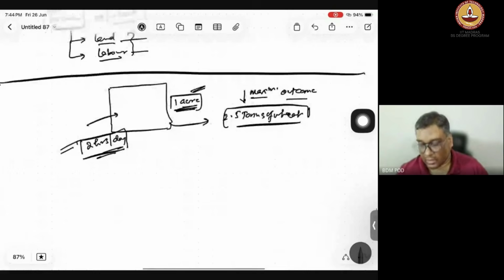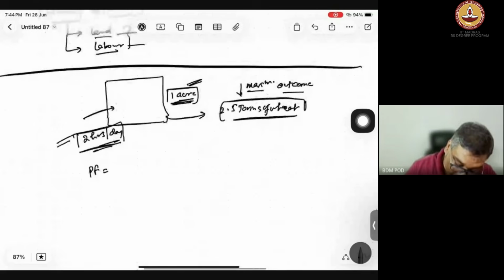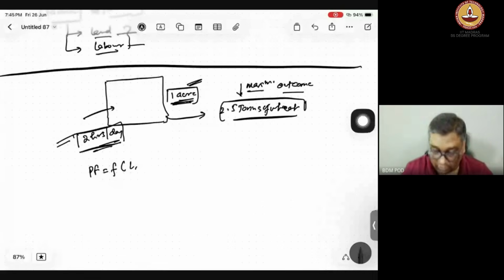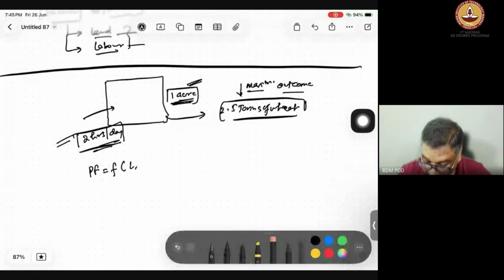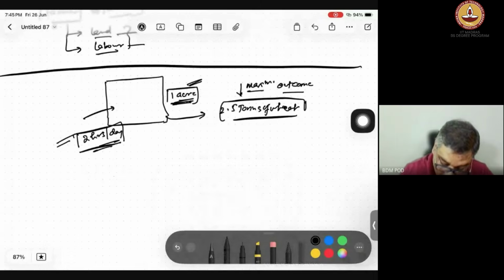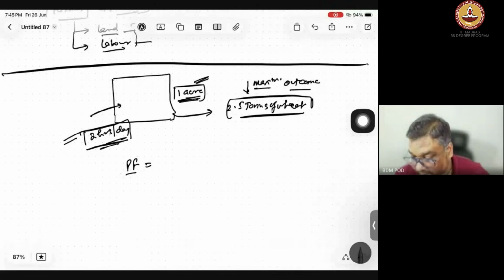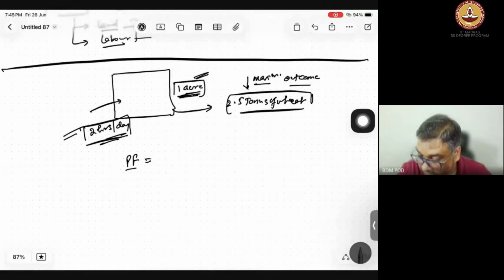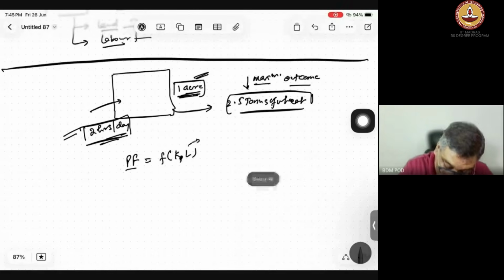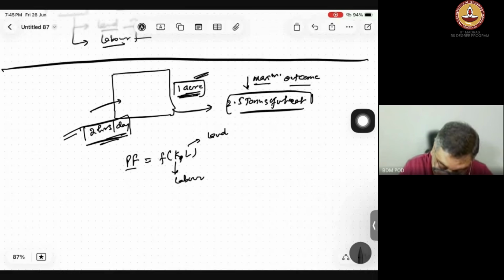Here we can see a production function is a function of land and your capital, or you can say land and your labor. So the production function is a function of k and l, where k is your land and l is your labor, assume, right?